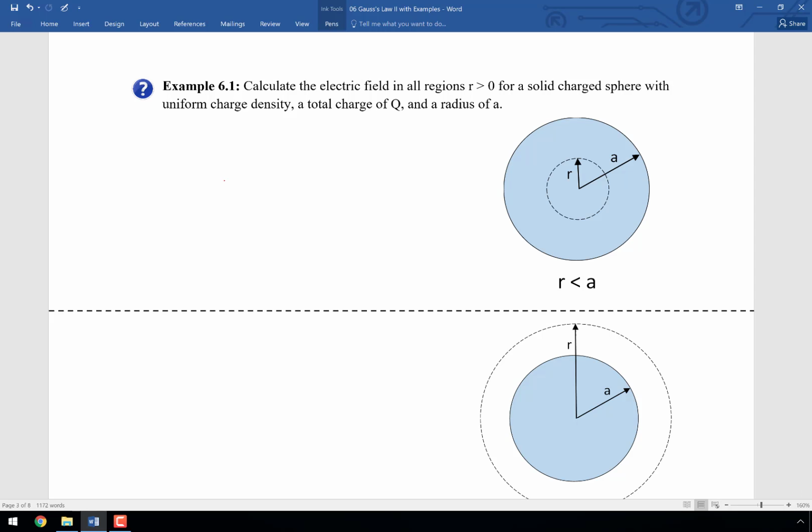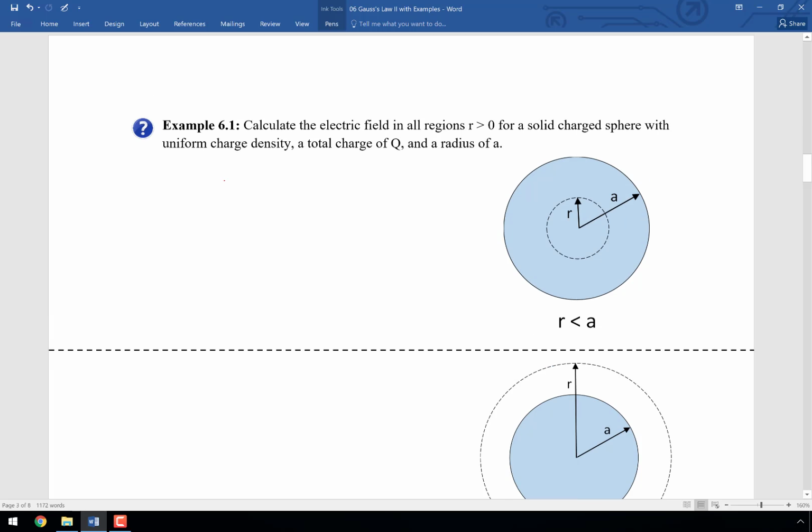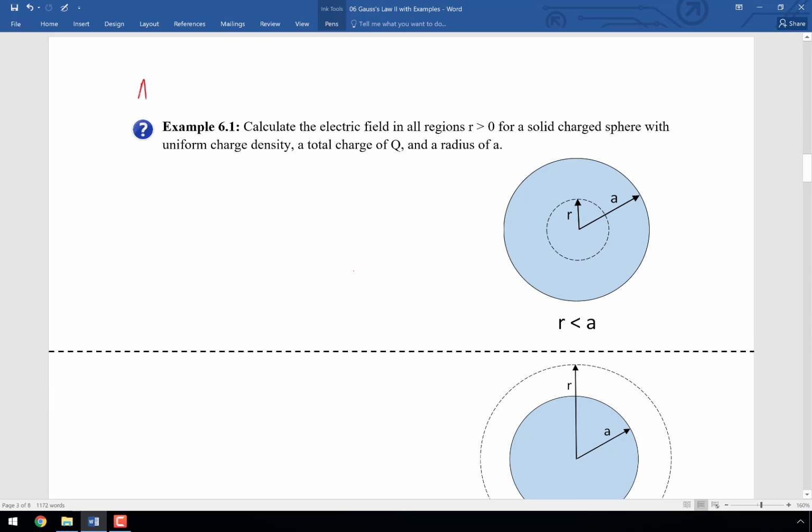So let's calculate the electric field. First of all, we're going to need to calculate a few other things. I just want to make a quick observation here. I'm going to put it up above here so that we don't interfere with any of the other problems. The surface area of a sphere is 4 pi r squared, and the volume of a sphere is 4/3 pi r cubed.